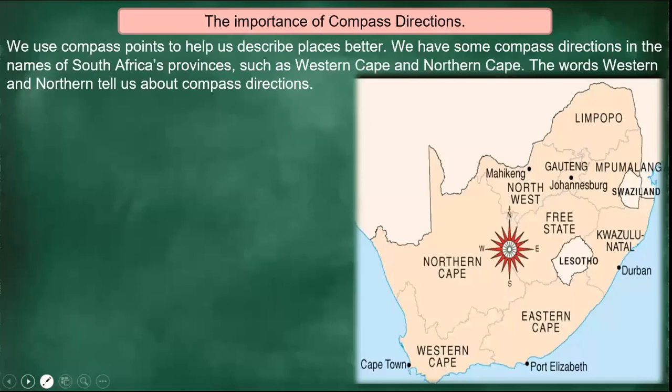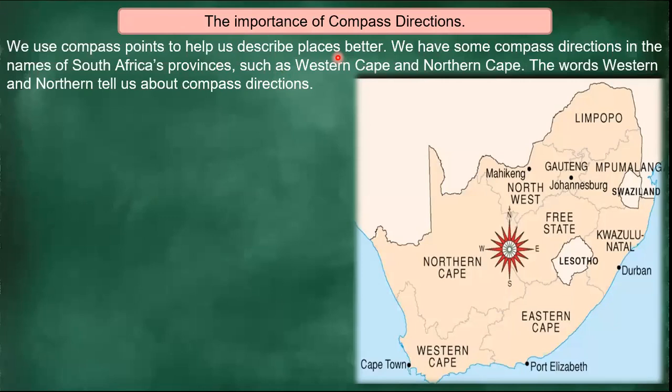We use compass points or directions to help us describe places better. When we're using compass directions, we are able to describe places better. We have some compass directions in the names of South Africa's provinces, such as Western Cape.